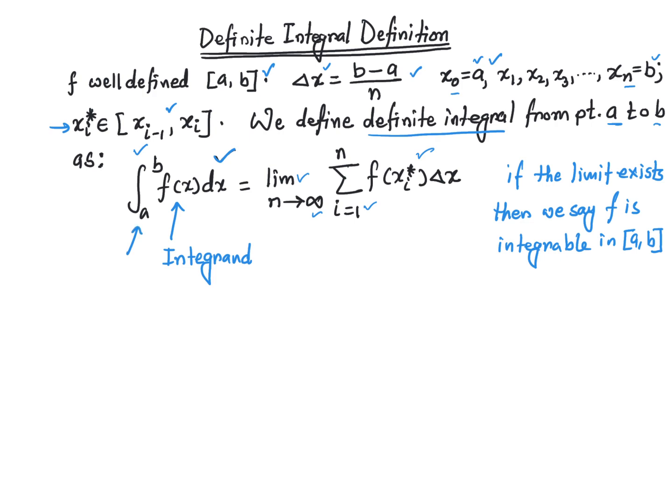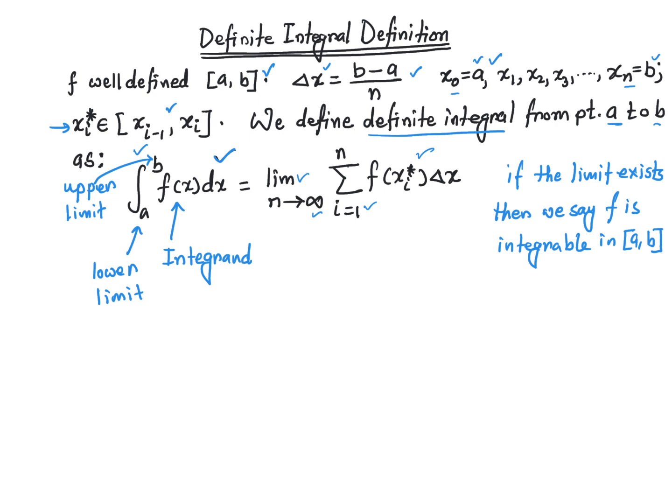a is the lower limit of the integral, and b is the upper limit. Together, a and b are called the limits of integration.